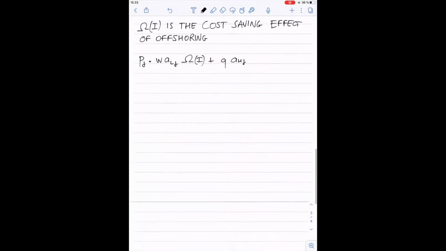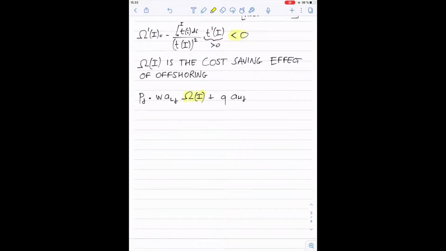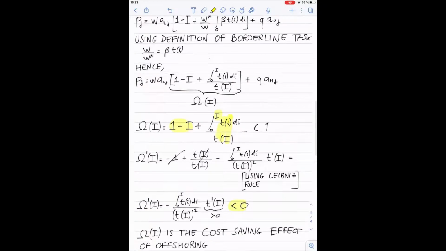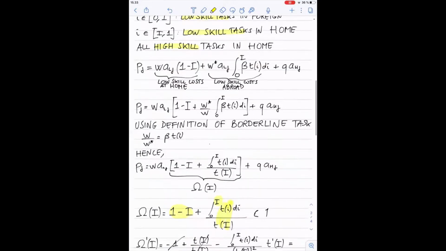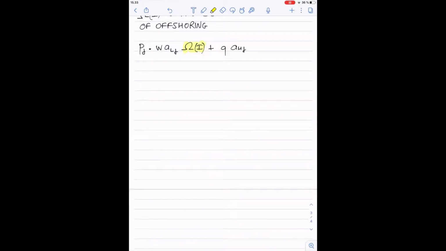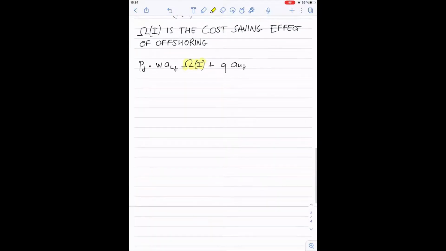But so when you look at the pricing equation, it is straightforward to see omega I as a cost-saving effect, because you see it multiplies the component of the unit cost associated with low-skill tasks, and as you increase capital I, omega declines, and so as you increase the tasks that are offshored, you are reducing omega I, and if you're reducing omega I, you're reducing the unit cost by reducing the part associated with low skill tasks.